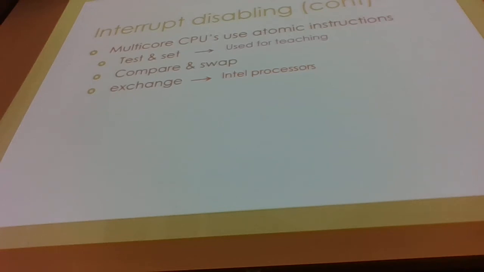Atomic execution means that there are some lines of code which are executed without switching. These are not single instructions. These are multiple instructions that are executed one after the other without switching. So when you disable and enable interrupts, you get atomic execution.